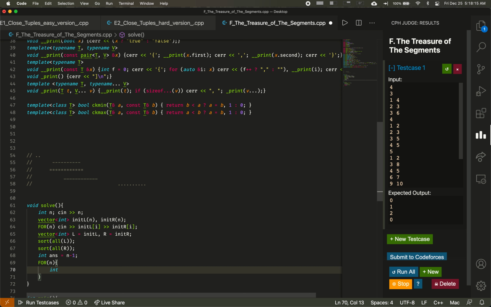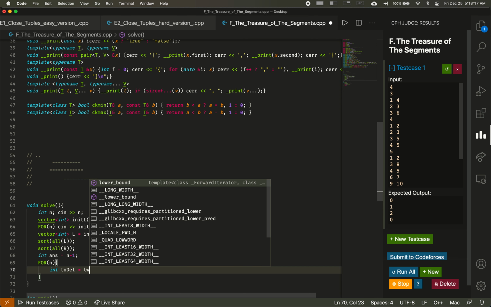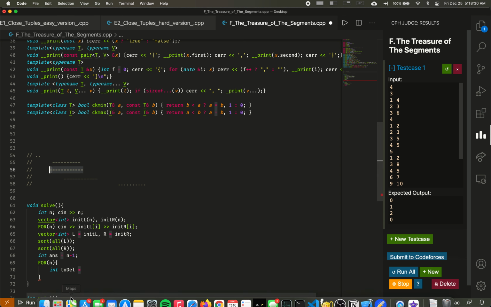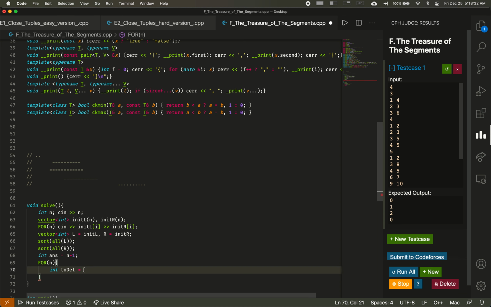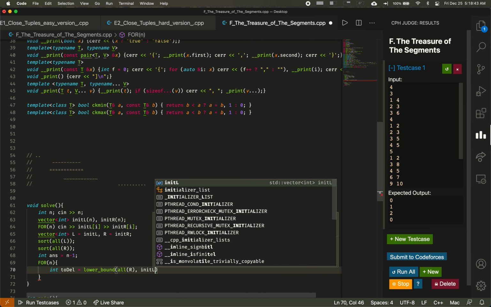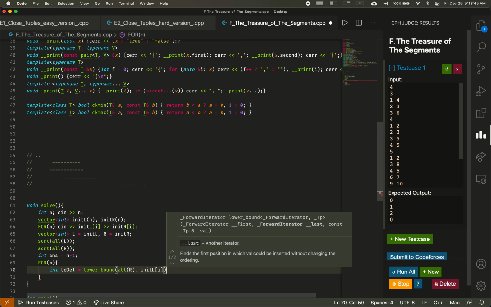So int to delete would be the case where the r is less than our main segment's L. That would be lower bound of R, trying to find init L i.